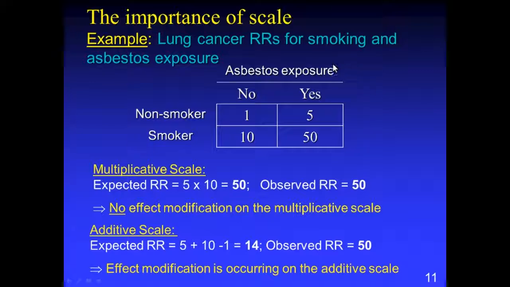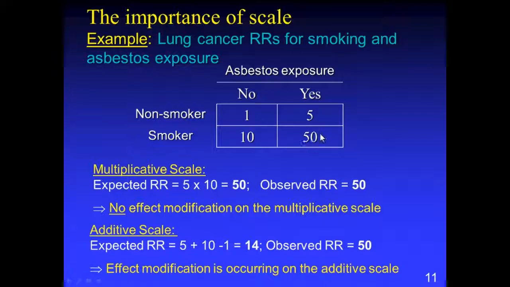And I use this example here of lung cancer in relation to cigarette smoking and asbestos exposure to illustrate this point. So again, we set out some relative risks here for lung cancer in relation to asbestos exposure and cigarette smoking. So these are all relative risks, and so again we have our baseline, which of course by definition is 1 in people who are neither smokers nor asbestos exposed.